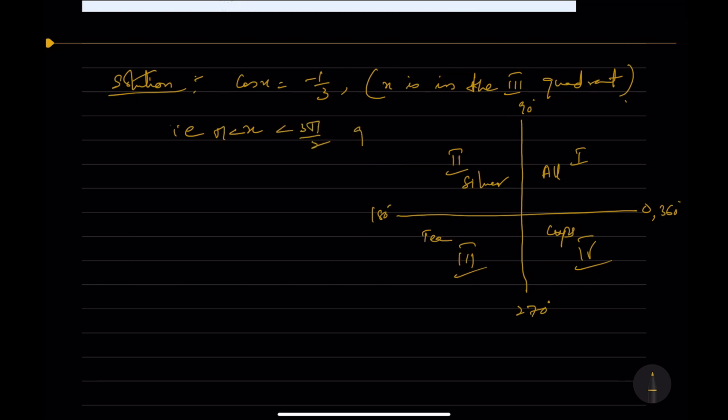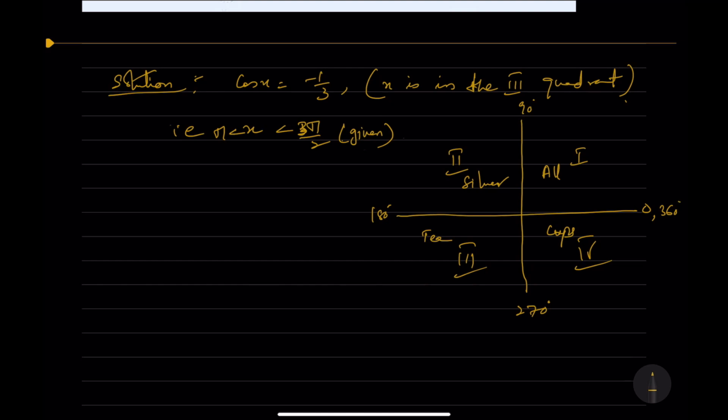This is given to us, isn't it? So it lies between pi and 3 pi by 2.